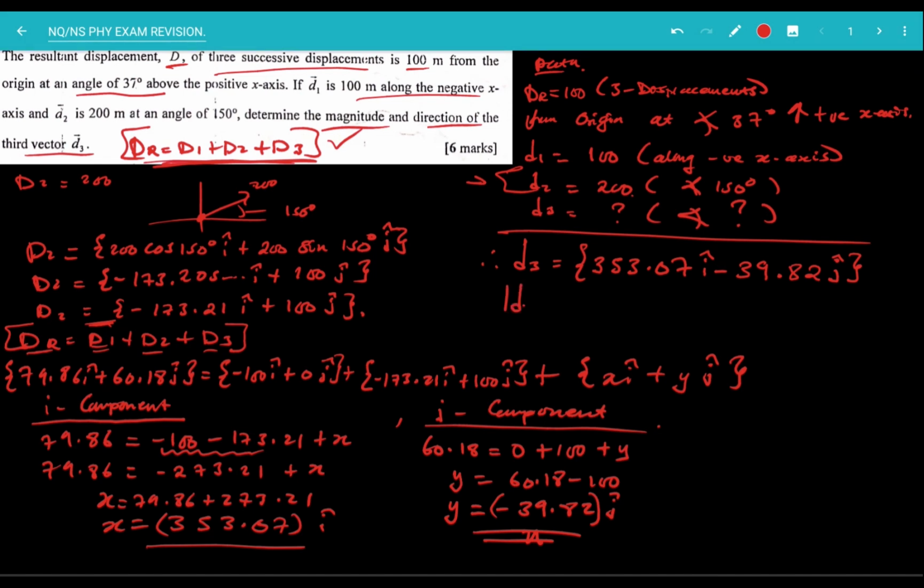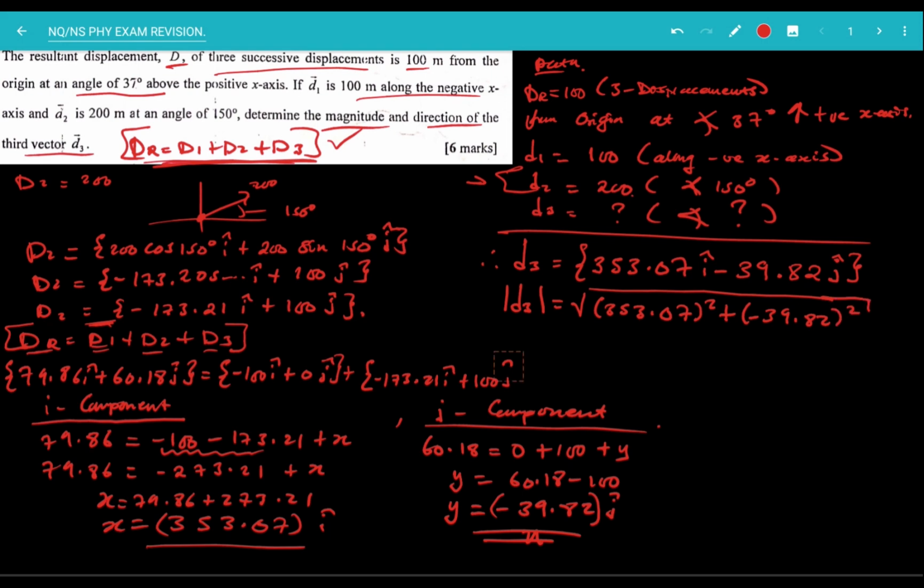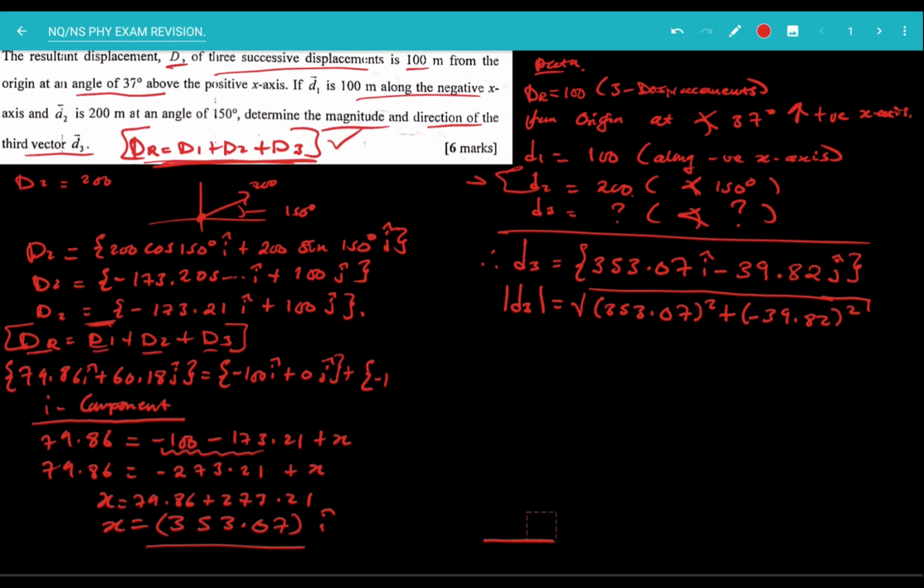So the magnitude of D3 is equal to the root of 353.07 squared plus minus 39.82 squared, like that. So I'm going to erase this portion and a bit of this, like that.